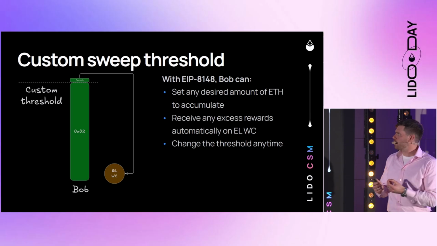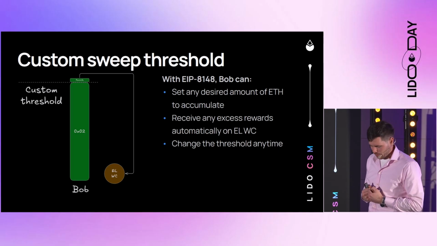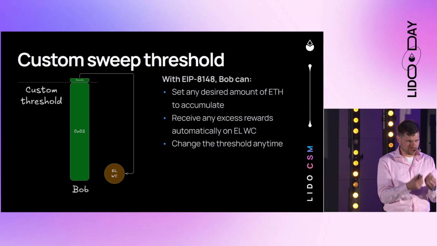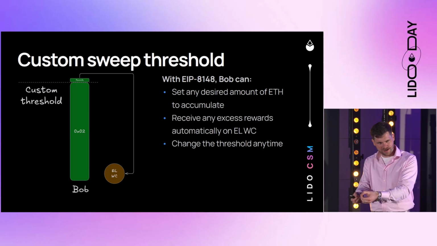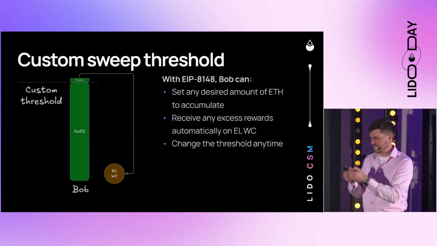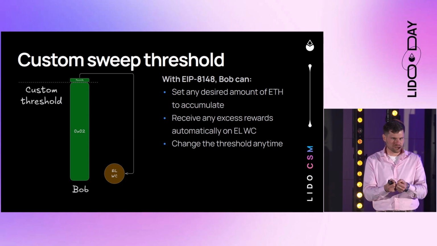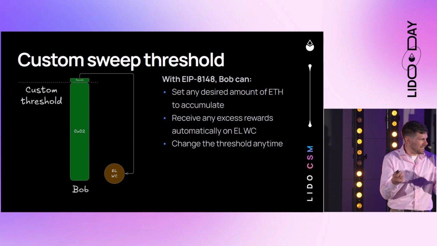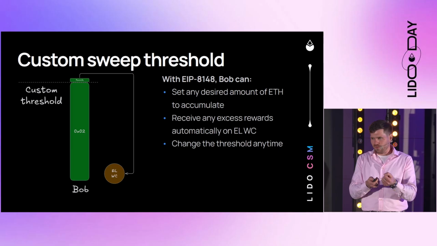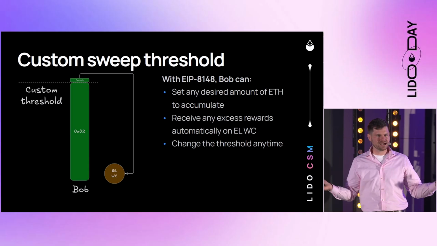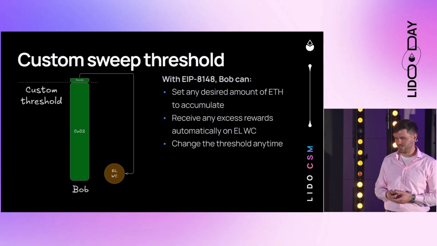So with EIP 8148, Bob can set any desired amount of ETH to accumulate, get all of the rewards above this amount on his execution layer withdrawal credentials in a liquid unstaked form, and change this threshold any number of times and any time he wants. So that basically means that Bob now has the flexibility of choosing the size of his 0x02 validator.